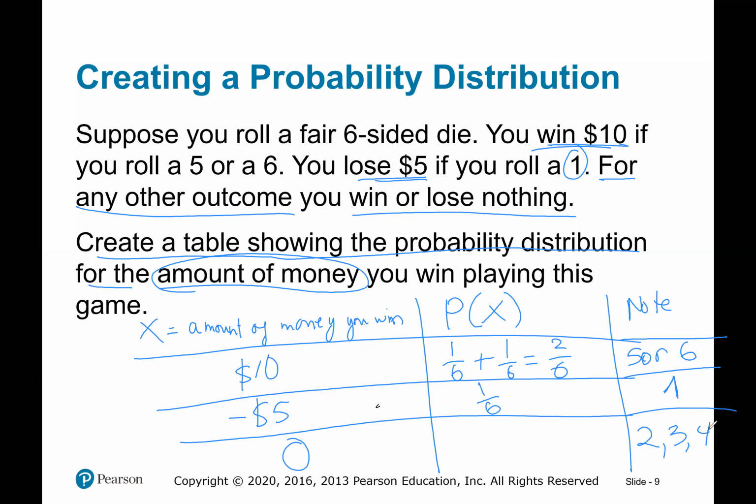But actually, if you don't want to count this, you can just take 1, minus 2 out of 6, and minus 1 out of 6, and you also get 3 out of 6. There are many ways, but I'm just showing you that you can do either way and get 3 out of 6 for the case that you win or lose nothing.